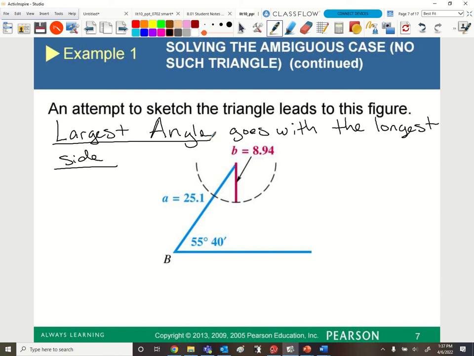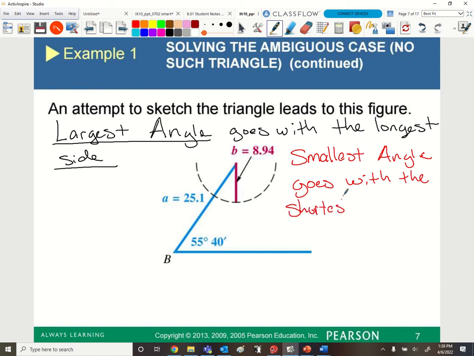So if big A is the largest angle there, little a has to be the longest side. So what's the converse of this statement though? The smallest angle goes with the smallest side. Very good. Smallest angle goes with the shortest side.